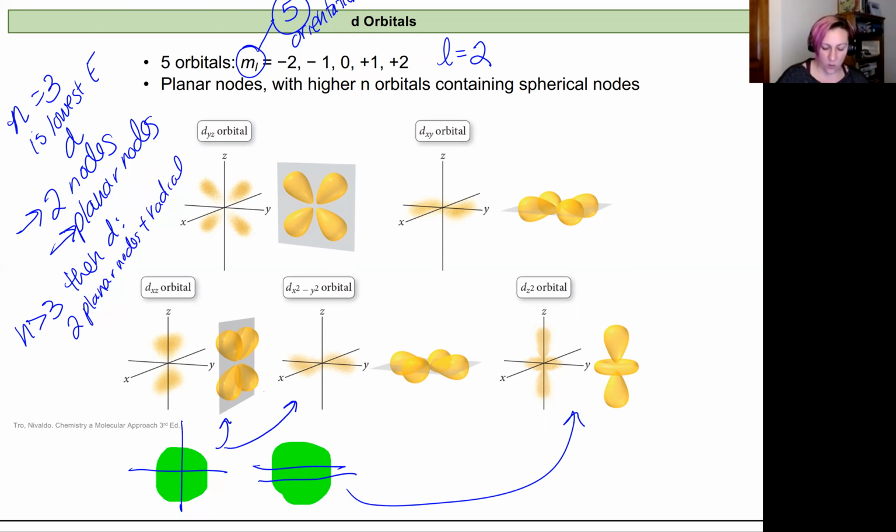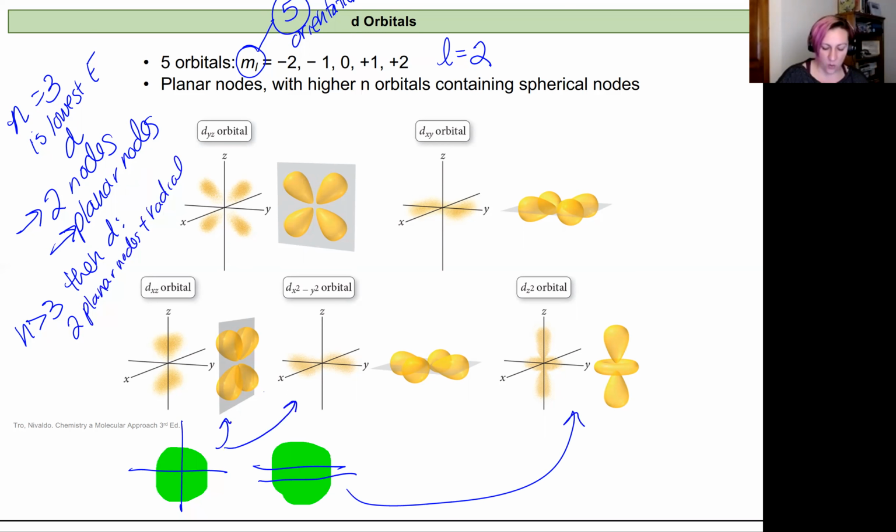And so we get the d, and here are the names for them, the dyz orbital, which is going to occupy the yz plane, and it has our two planar nodes along it. We can be in the dxy, where we're going to be in the xy plane, and so it'll kind of come at you like this. Then we have the dxz, so it's going to go along the x and z axis.